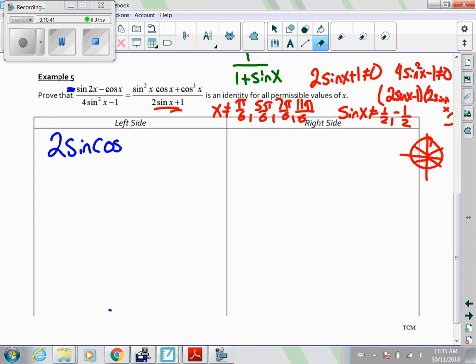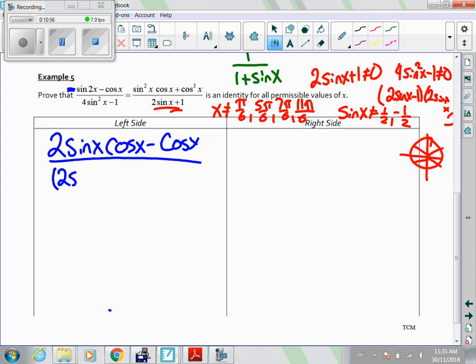Well, and again, I'll be formal with these. Sine x cos x minus cos x, all divided by, and I already saw that I can factor this as a difference of squares, so I'm just going to do that right away.